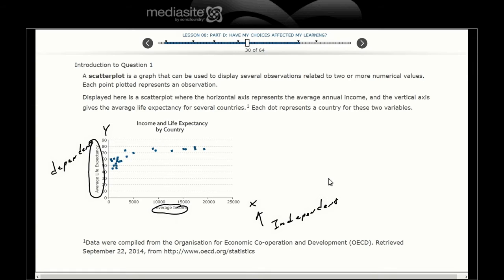So average income will be used to determine average life expectancy. And there's a plot there. Looks like the more income you make, the longer your life expectancy should be expected.